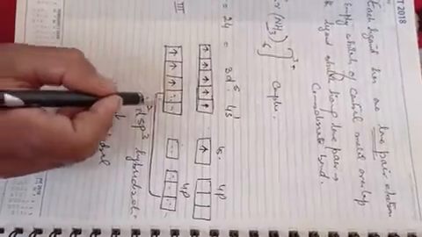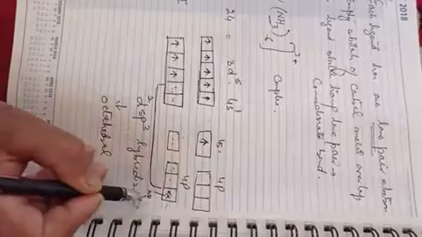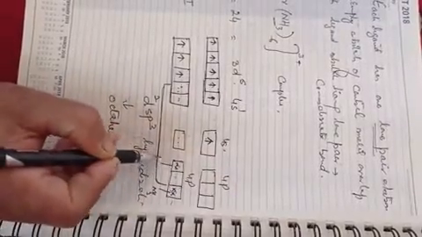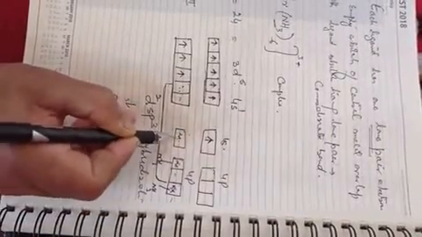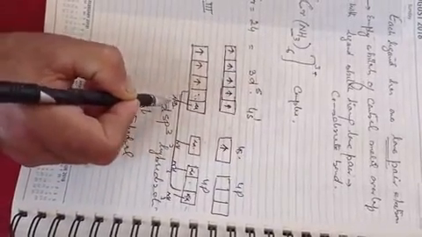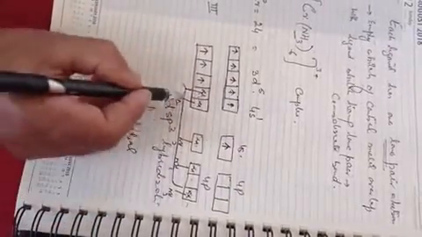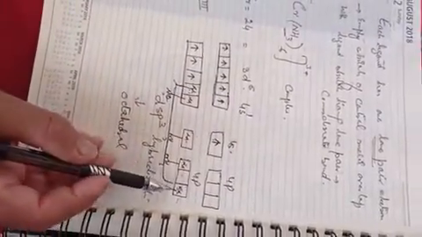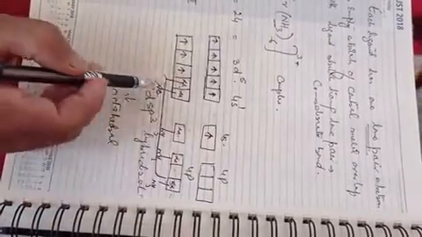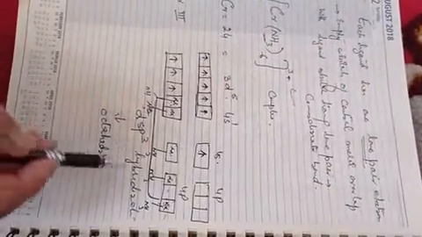Now the electron pair from one ammonia molecule, and another ammonia molecule, will overlap. Six ammonia molecules with lone pairs will overlap with the 6 empty orbitals. So this complex Cr(NH3)6 is an octahedral complex.